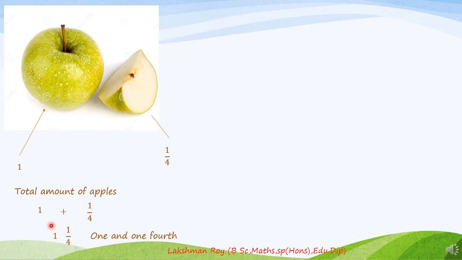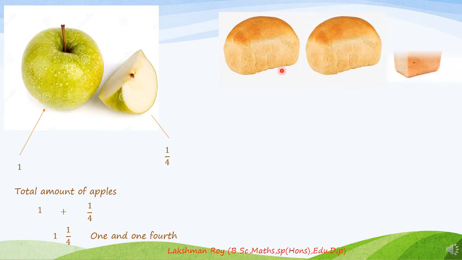Now let's see another example. You like breads, right? Bread, another bread and a part. You can see here this is a loaf of bread, that is 1. This is another loaf of bread, that is also 1. You can see this one is half a bread.